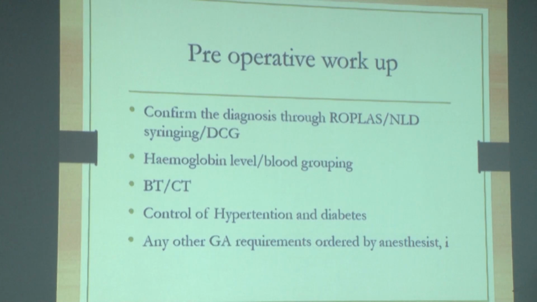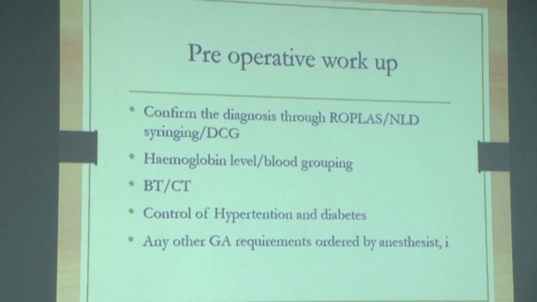You can confirm it through nasolacrimal duct syringing, or if you find something abnormal or some mass there, you can always go for DCG, dacryocystography, a very simple X-ray method, which can also be done in repeat surgeries.